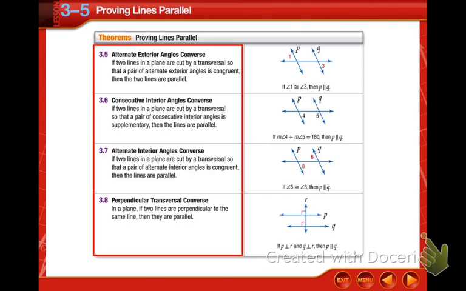Basically saying if what we know is true about those lines, like alternate interior and alternate exterior angles are congruent, then the lines are parallel. If the consecutive interiors are supplementary, then the lines are parallel. If two lines are perpendicular to the same line, then they're parallel. So we're just going backwards.